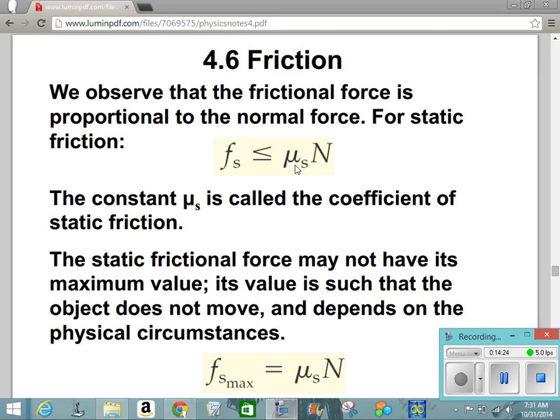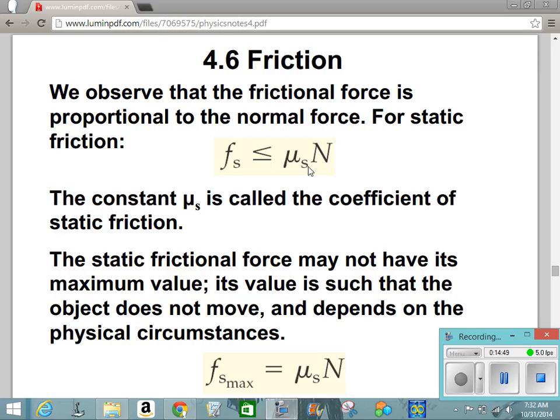Mu sub s represents the constant coefficient of static friction. So usually there's a number. It's like a percentage. It's usually a decimal. It's a very small number. And then the static frictional force may not have its maximum value. Its value is such that the object does not move and depends on physical circumstances.